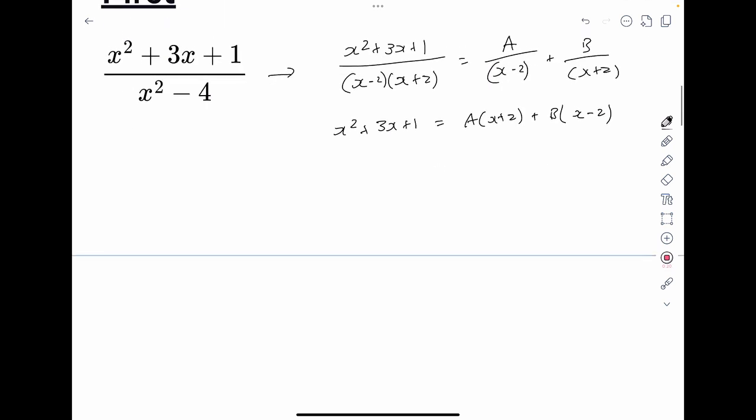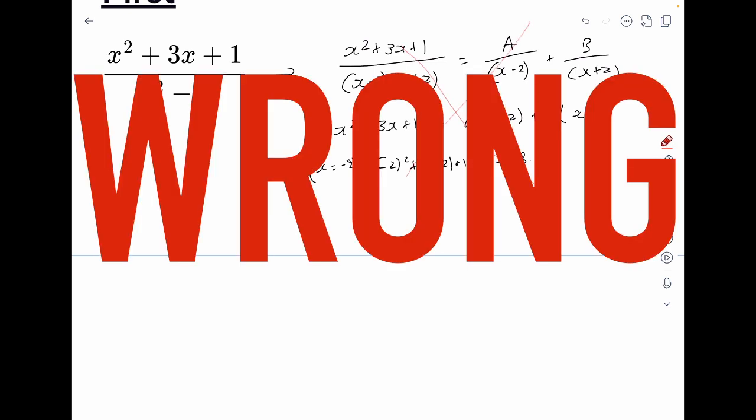Okay, we can set x equal to negative 2, which means that negative 2 squared is going to equal negative 4B, right? And there's only one problem with this. The problem is that this is entirely wrong.